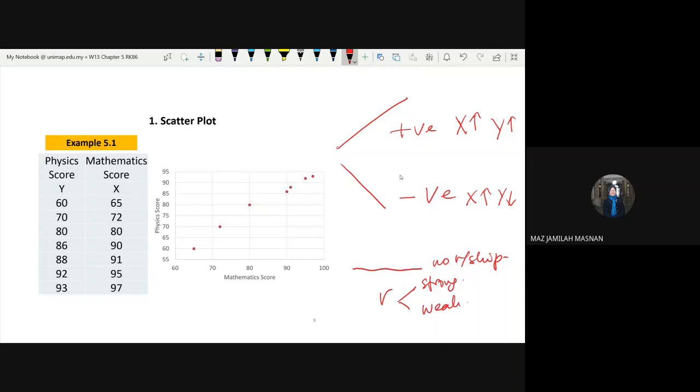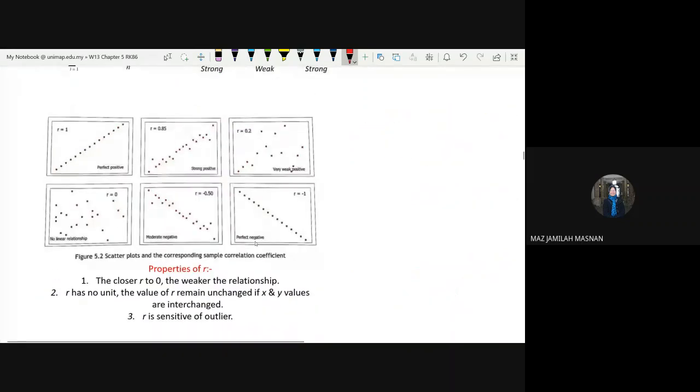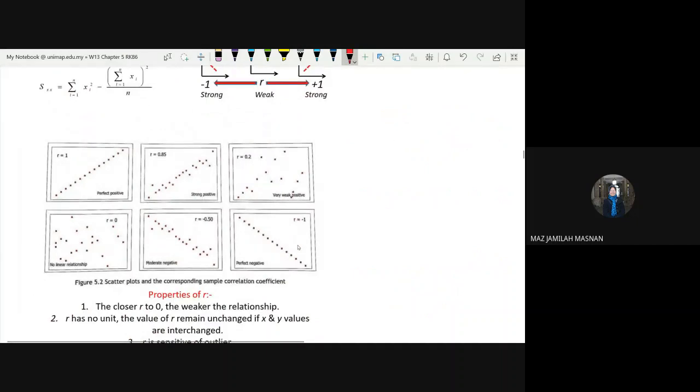Last time, how do we know that data will have a strong relationship? Class, can someone tell me? When we discussed a strong relationship between x and y, the r will be approaching +1 or -1. If you look at this figure, whenever you have a data set of x and y where the plot forms a straight line, this is what we call a perfect relationship.